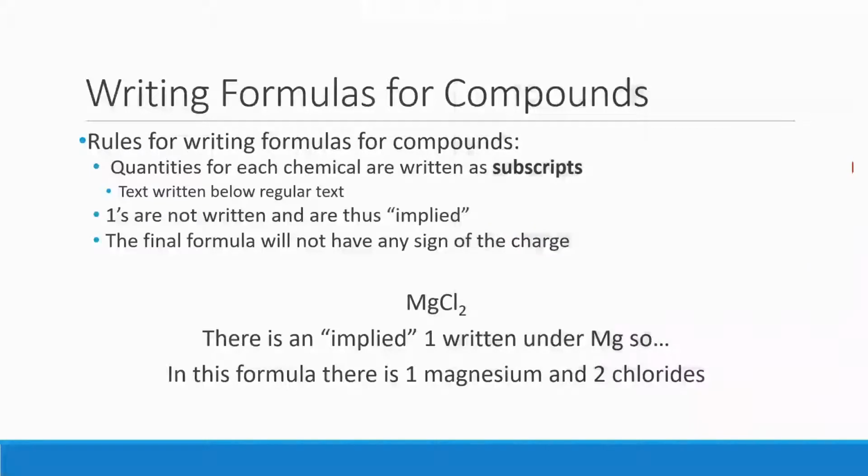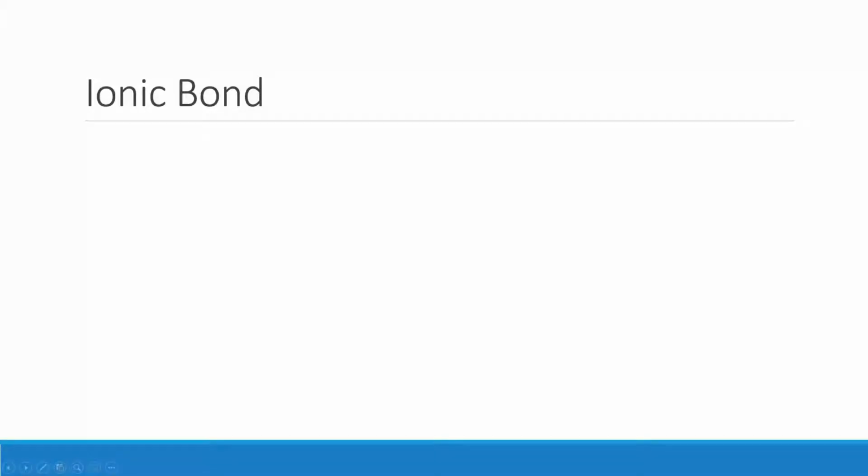And now that we have the rules for actually writing down the formulas for compounds, we can now get into our first type of compound, which is an ionic bond. Now you should probably be looking at this word ionic bond and have one word jump out at you, and that's ion.